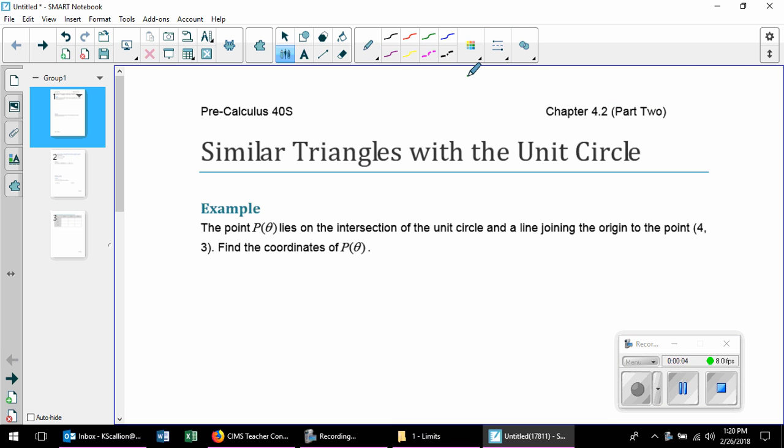Do we know what makes them similar? They do have similarities. One thing about similar triangles is all of the angles are congruent.